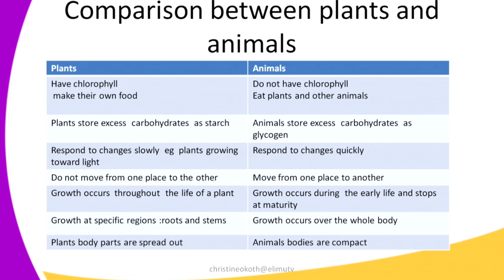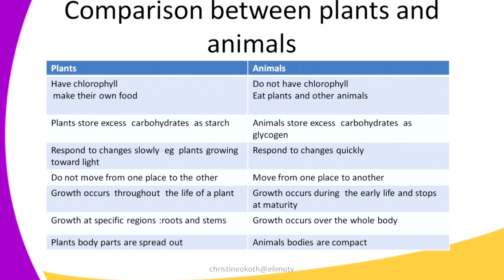Then the second difference, the plants store excess carbohydrates in the form of starch, unlike the animals that store carbohydrates in the form of glycogen. Then the third difference is that plants respond to change slowly. For example, a plant growing towards light. If you put a plant in a dark room, and there's another inlet or source of light, that plant will tend to grow towards the source of light.